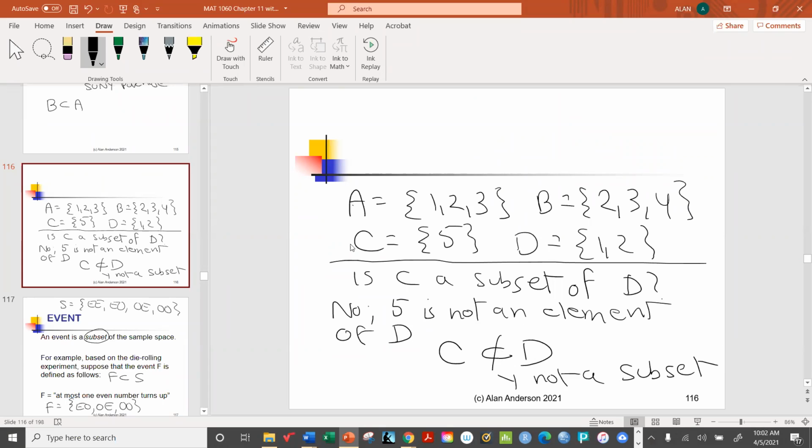Okay, so that's our brief review of set theory. And from here on, we'll define some important new rules. What we're building up to here is rules for calculating probabilities, especially with more complex events.